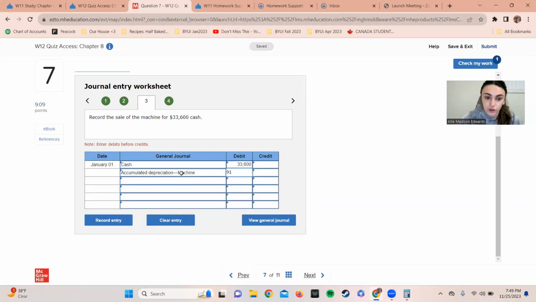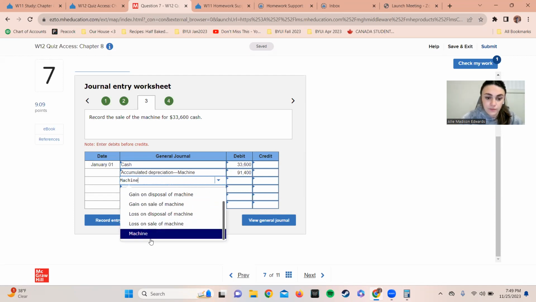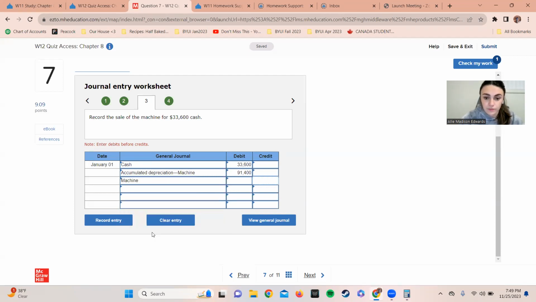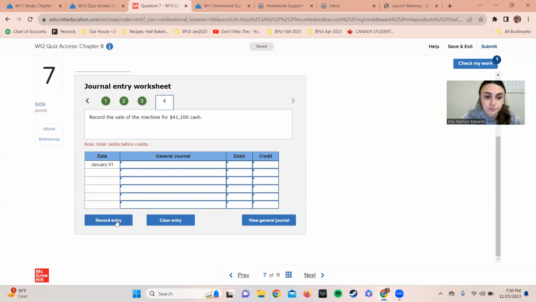Our accumulated depreciation is 91,400 and our machine cost $125,000. Let's double check: 91,400 plus the $33,600 that they sold it for equals 125,000. Our credits match our debits, so we're good to move on.